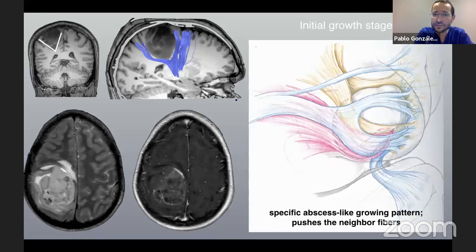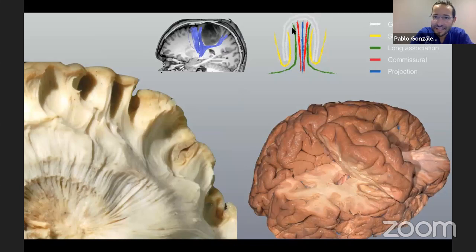So why is this tumor growing like this? If we analyze a coronal cut of a single gyrus, of a single functional unit, we can see how we have the map of all the kind of fibers there. So in the most sulcal part of the gyrus, in the depth of the sulcus, the first layer of fibers is composed by short association fibers. Then we do have the next layer, which is mainly composed by the long association fibers.